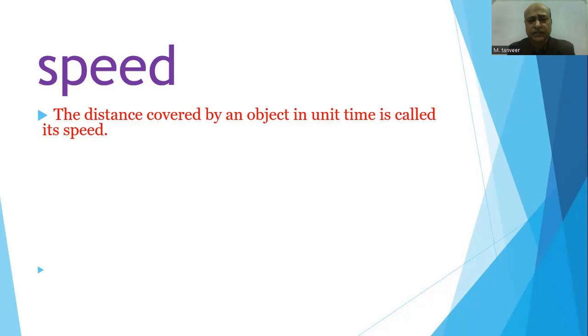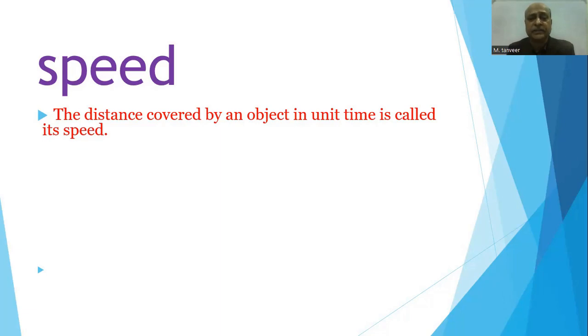Distance covered by an object in unit time. Unit time means when you are going from home to market, you will measure your distance in meters and time in minutes. But when you go from home to another city, then you will measure your time in hours. And distance traveled in 1 hour, that is called speed.